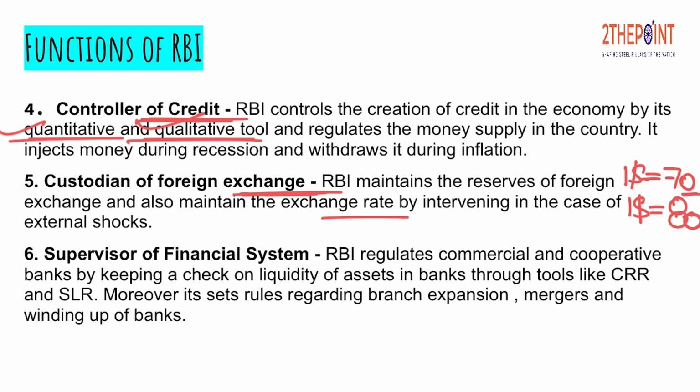Now the situation has arisen that to buy $1 you have to spend 80 rupees. In such a situation, RBI will step in and see that the rupee doesn't further depreciate and doesn't fall below this, and will take such action that the rupee appreciates again and gets back to the previous level or even better than that. Okay, so I hope this point is clear to you.